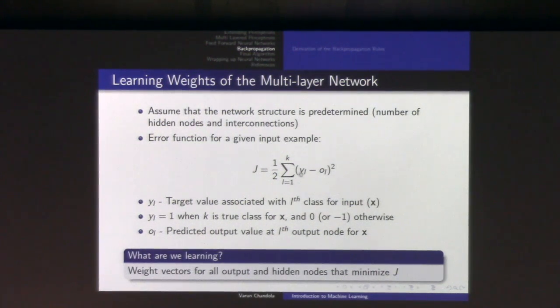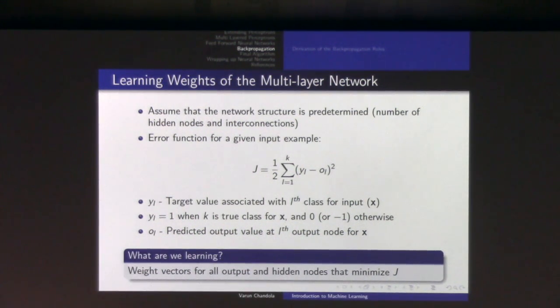Our true label, we convert it into a vector, okay? Because our true label essentially tells you which class it belongs to. So we convert it into a 1-of-k vector, which is 1 for the entry of the true class. So let's say you have 10 classes, and your input example is digit number 7.